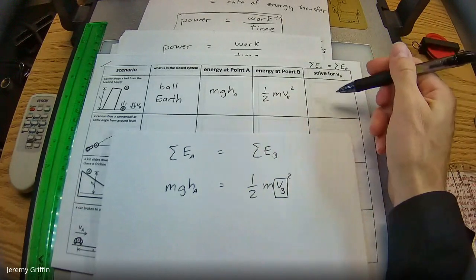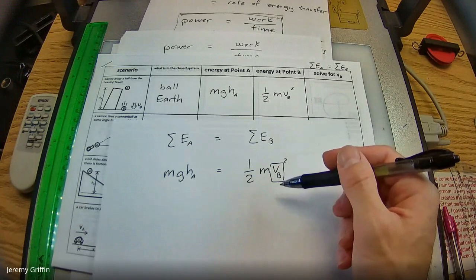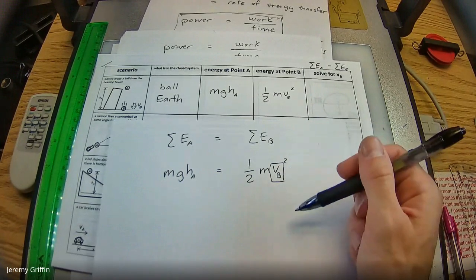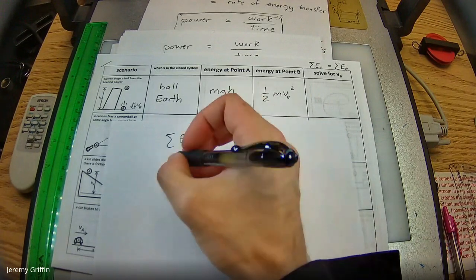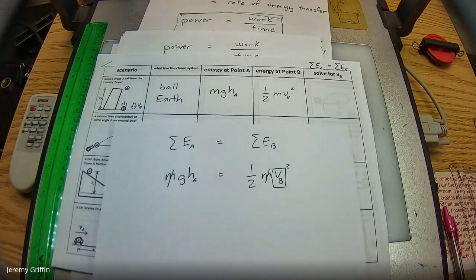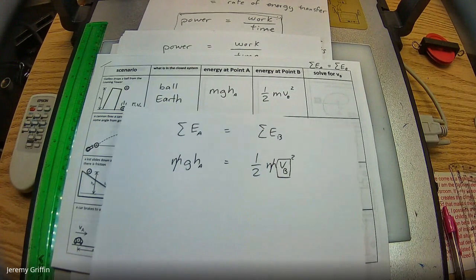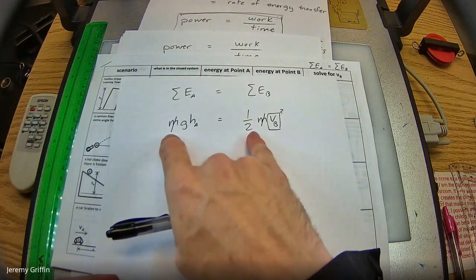And then since the last problem says solve for vB, then okay, let's do that. Let's do some algebra and finish this out. Get that variable isolated. Oh, what's going to cancel on both sides? Yeah, the mass, which should be no surprise because that's been the story all along. Right? I mean, physics is always internally self-consistent, or should be.